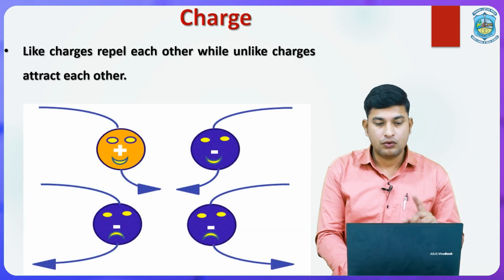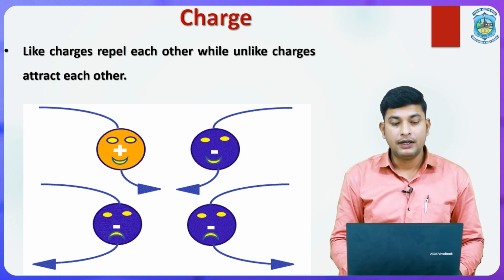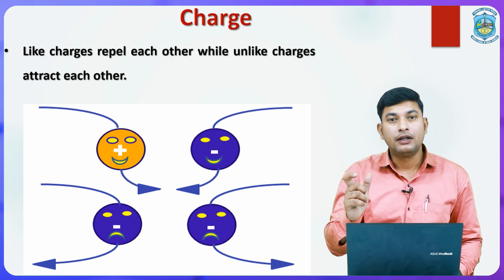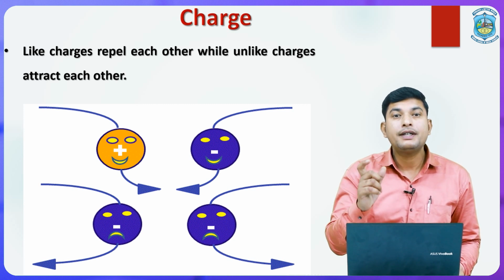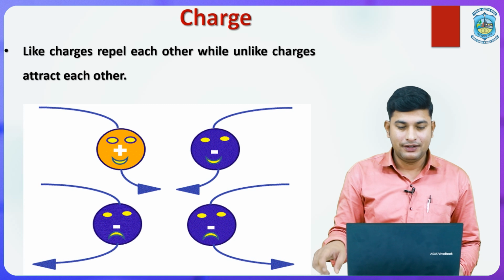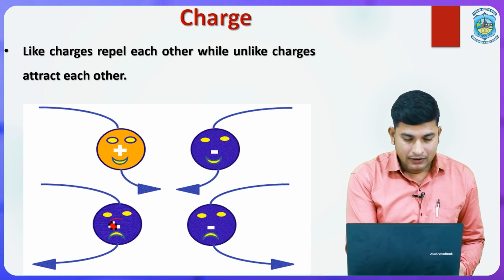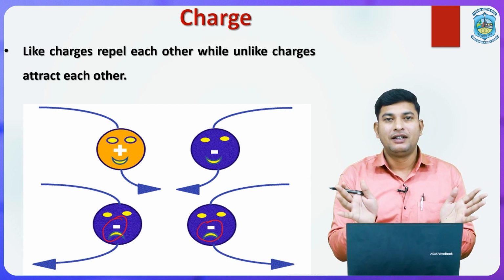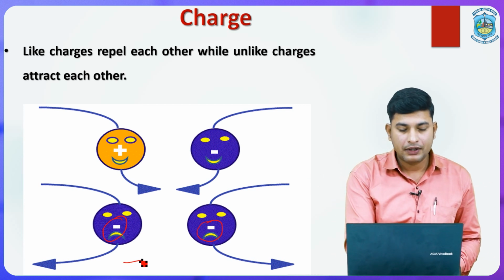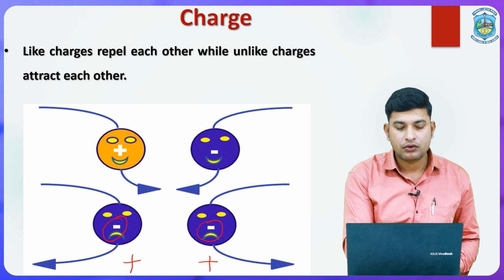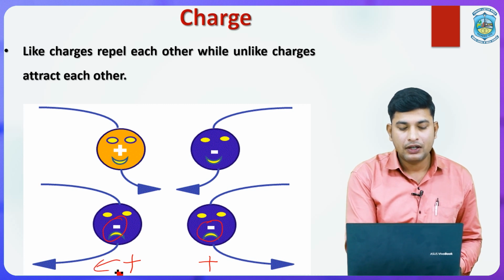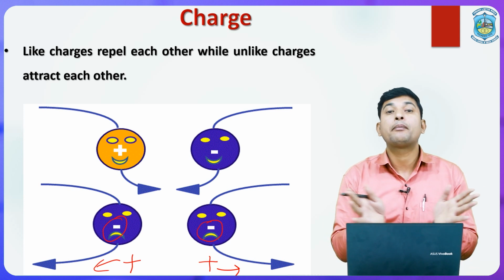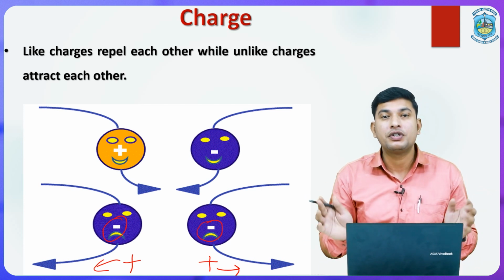Also, what will this behavior be like? This is the natural phenomenon: the same charges always repel each other. See, this negative one and this negative one are repelling each other. In the same case with positive charges, they will also repel each other; they will not come close to each other, they will oppose each other.